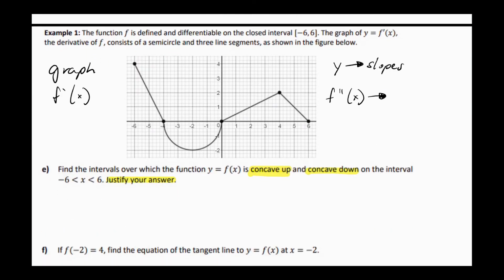So let me mark those on here. So -2 and 4, right? Those are points of inflection. We said that yesterday. Remind me, why are they points of inflection? Why are they points of inflection?